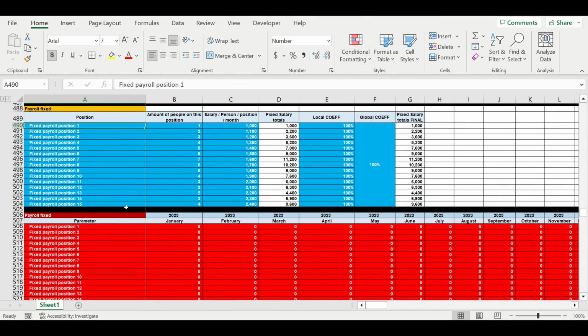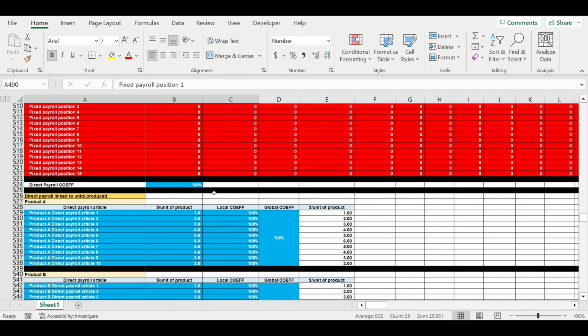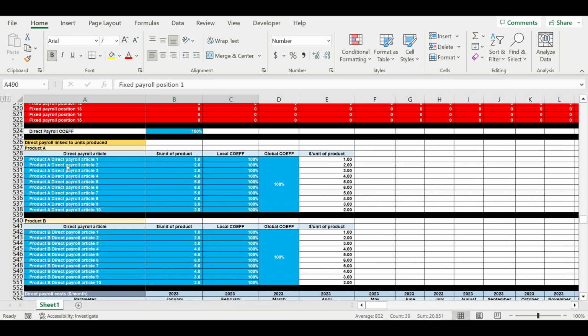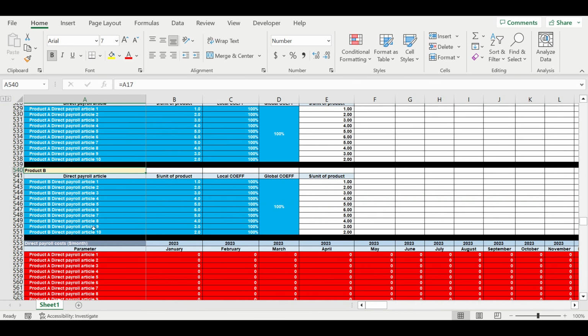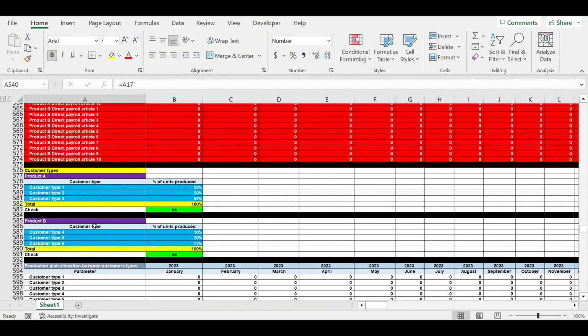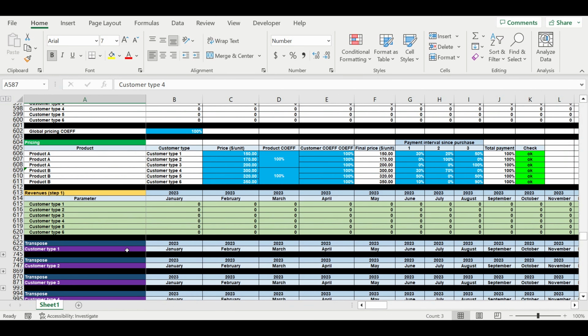Then we worked with the payroll linked to the amount of units of product A and product B produced. Then we started working on revenues. We have different types of customers, and for each customer we have different pricing and payment algorithms.